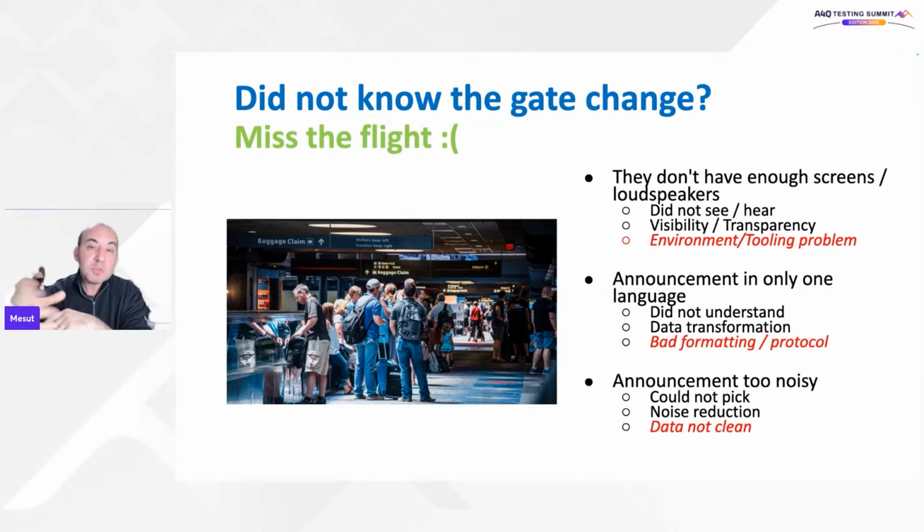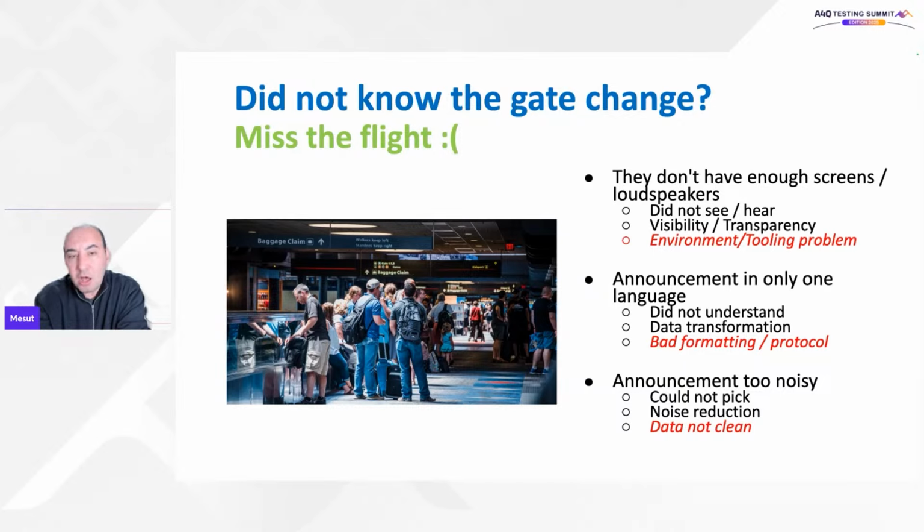Then if the announcement is made only in one language that I don't speak, for example, something is said over there, but I don't understand anything, right? Because I don't know this language. Similarly, if we are using the wrong language while communicating with bugs, then it will not work out.